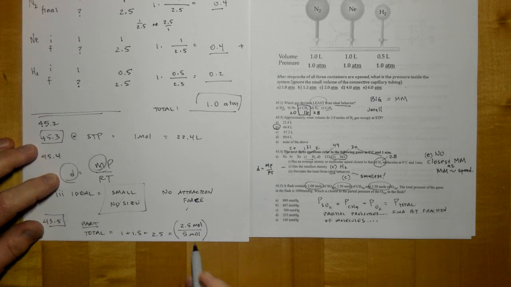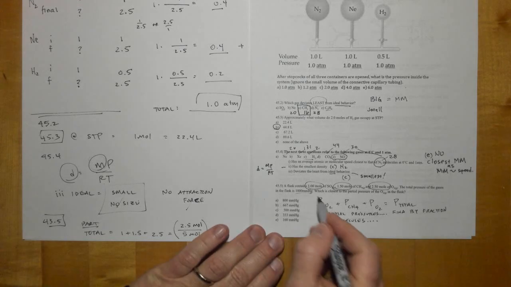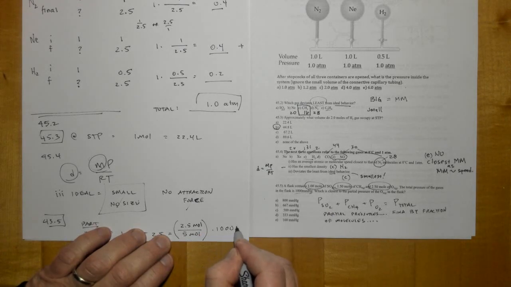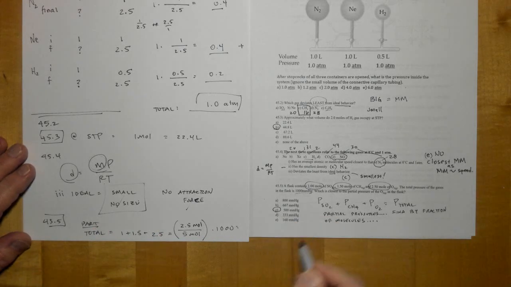So 2.5 divided by 5 would be 1/2, or 0.5. And so half of the pressure would come from oxygen. You'd multiply that times 1,000, so 1/2 times 1,000 would be 500, which would be letter C right here.